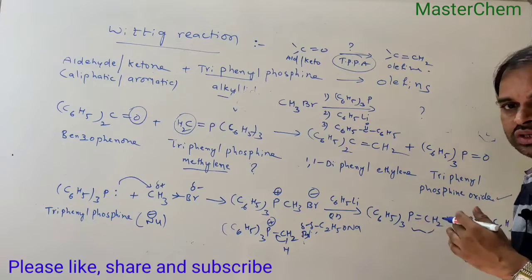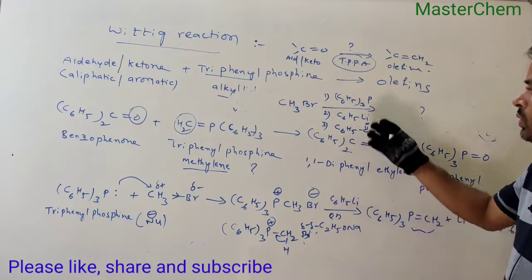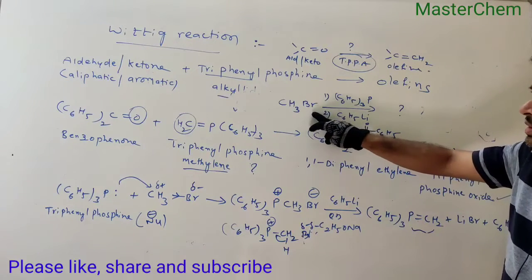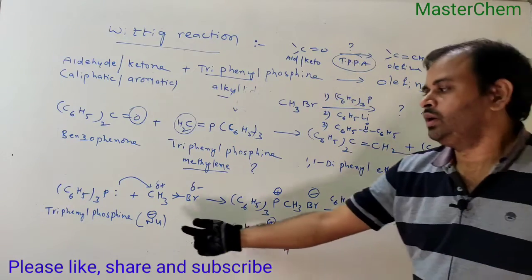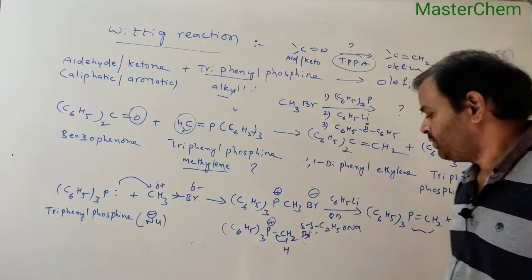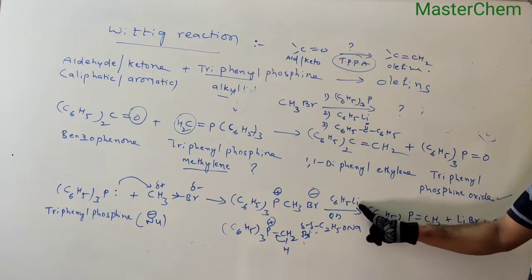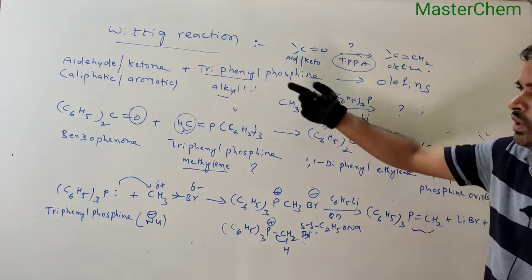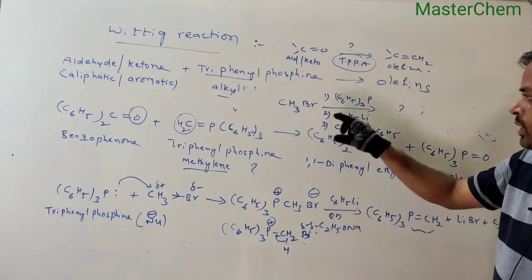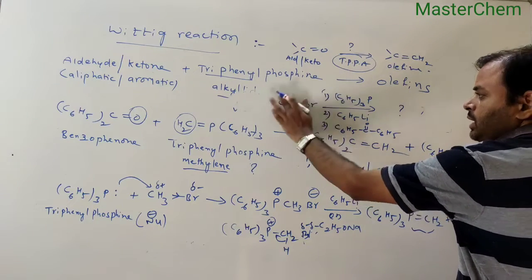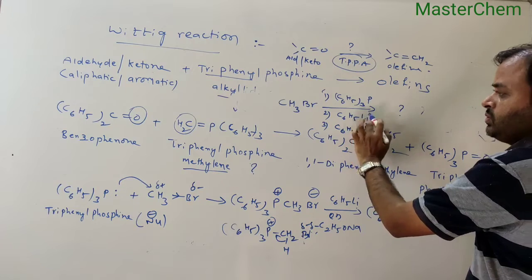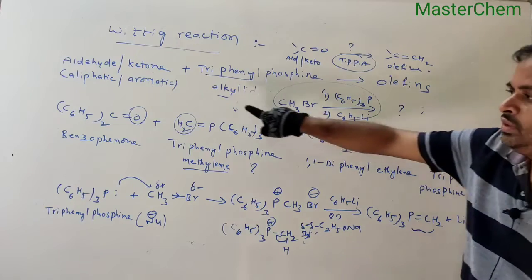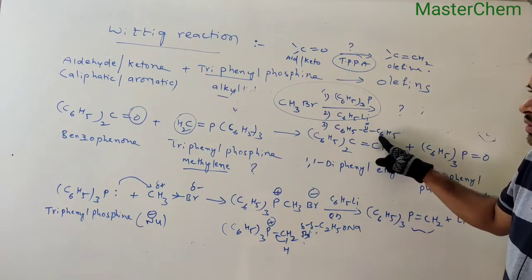If you know the concept, you can apply it. First, the alkyl halide reacts with triphenyl phosphine, followed by C6H5Li. What is the final product? Triphenyl phosphine alkylidene. And the third reagent given is C6H5COC6H5.